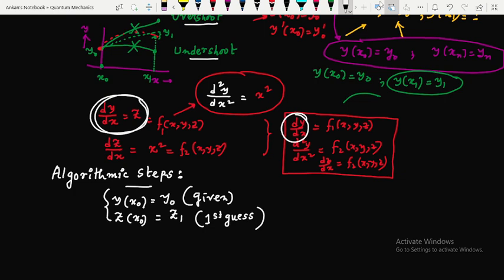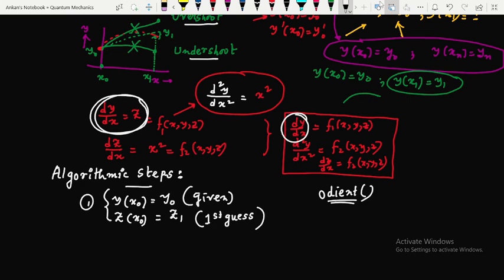In the programming I will show you how to solve this differential equation by the shooting method using a Python program, but I will not go into the details of programming Euler, RK2 or RK4. I will simply use the SciPy ODE module, which can easily calculate the actual solution of the differential equation without writing any program. It is an inbuilt program in the SciPy module. Okay, so it is the first step.